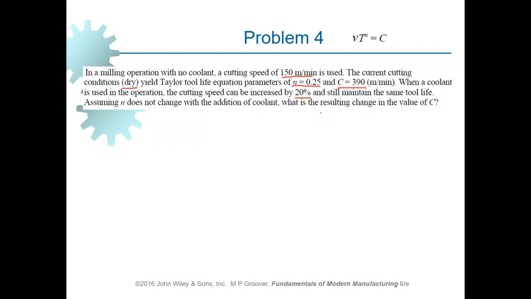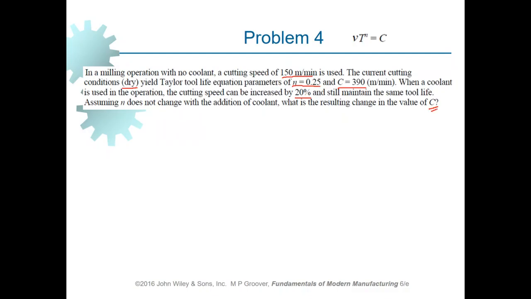Of course, coolant helps reduce the heat of the operation, so we can make use of a higher cutting speed and still maintain the same tool life, which is T. Assuming N does not change with addition of the coolant, what is the new value of C?